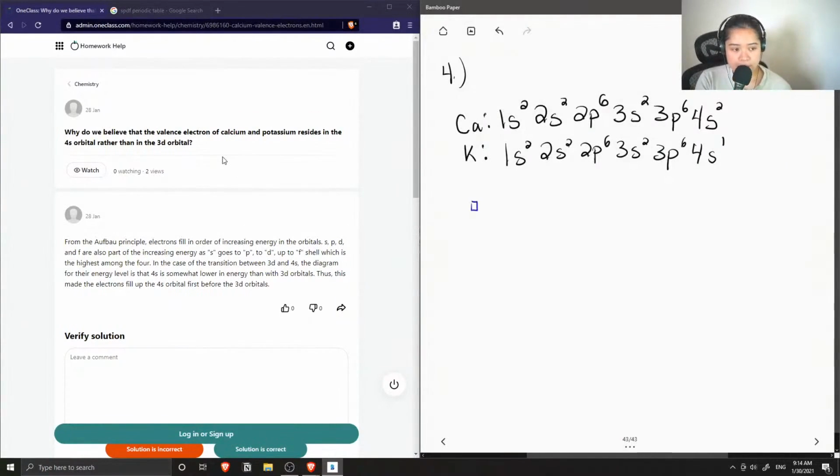So this is because their 4s orbitals are lower in energy.